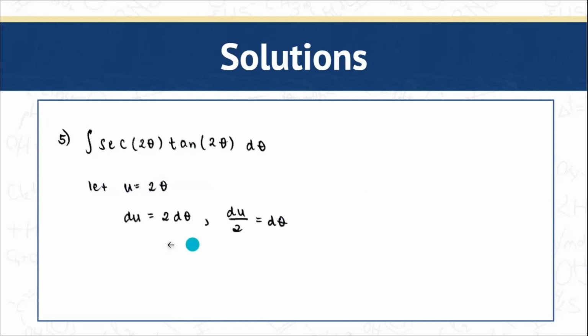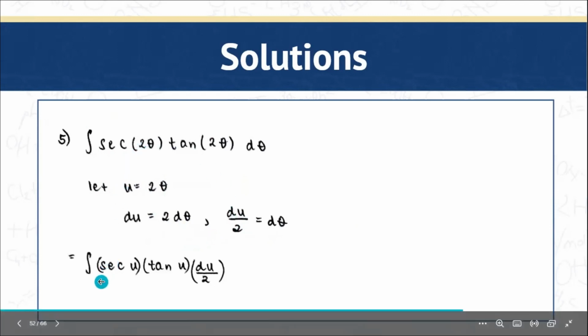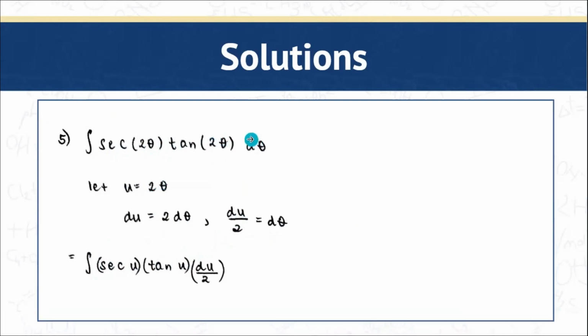Du would then be equal to 2 d theta. And du over 2 is equal to d theta. Substituting u and du into the function, we'll have the integral of secant u times tangent u times du over 2.